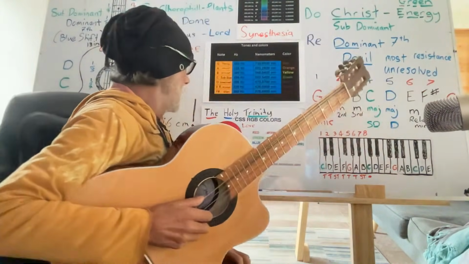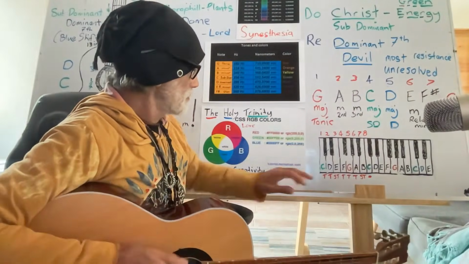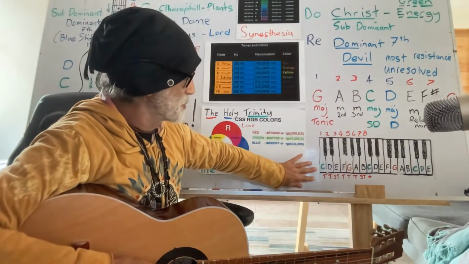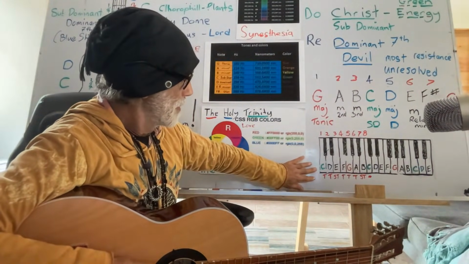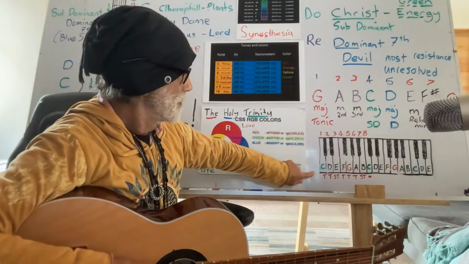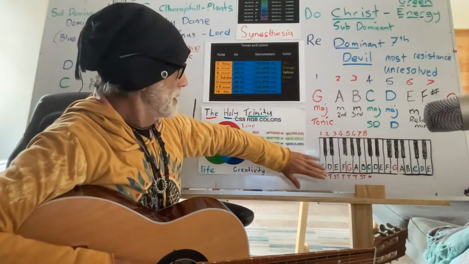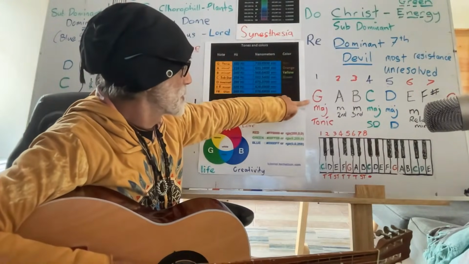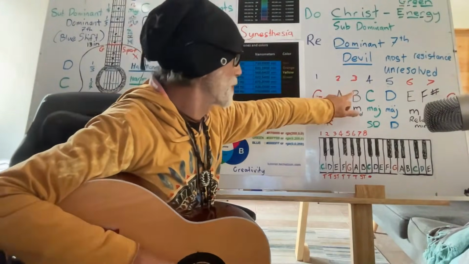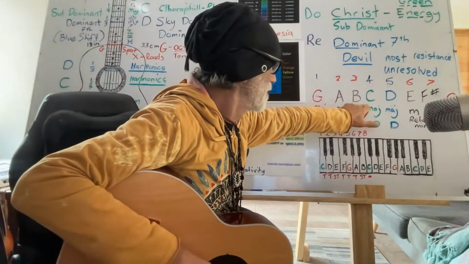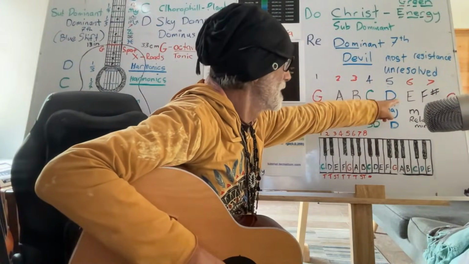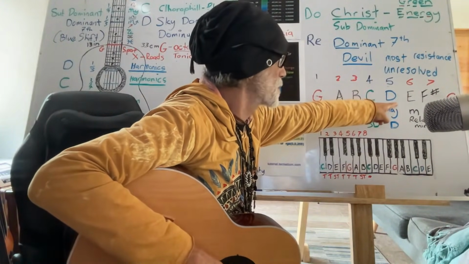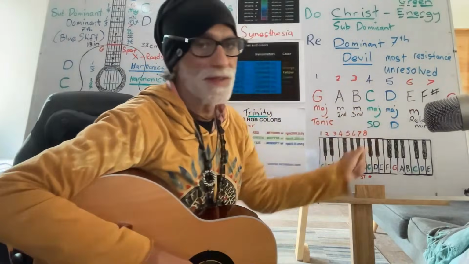All right, so of course that's in the key of G, okay? Or C. It doesn't matter, you can do this in any key, but here they are. The first is a major, the second's a minor, the third is a minor, the fourth and the fifth are majors, the sixth is the relative minor, and the seventh is diminished.